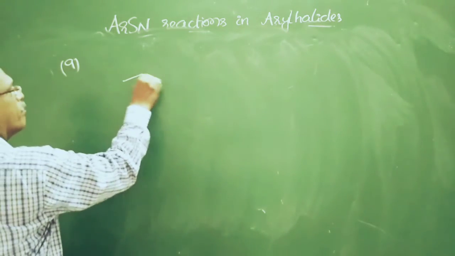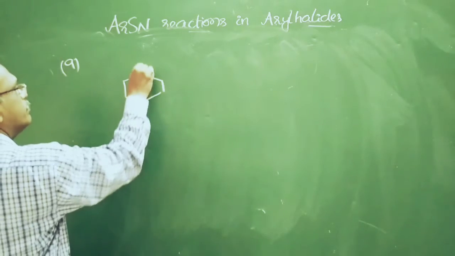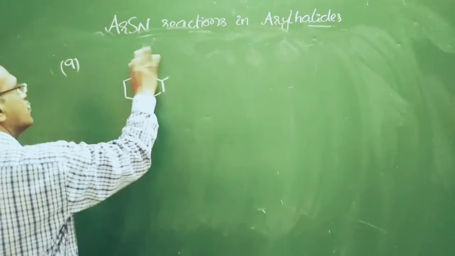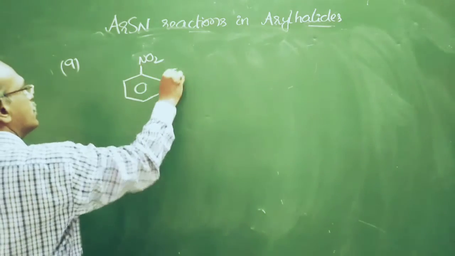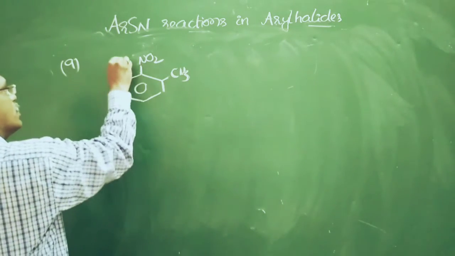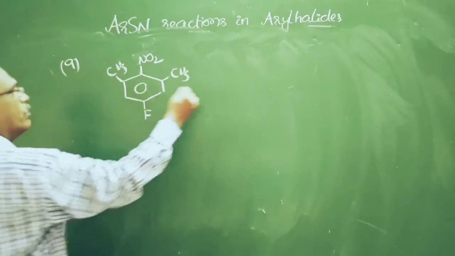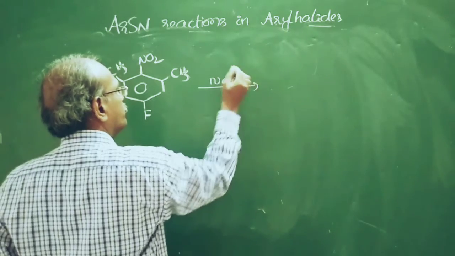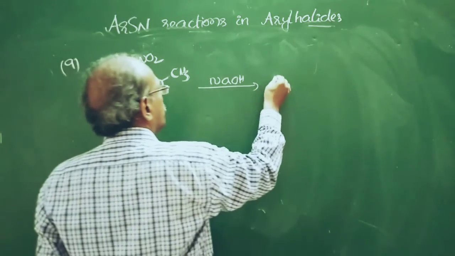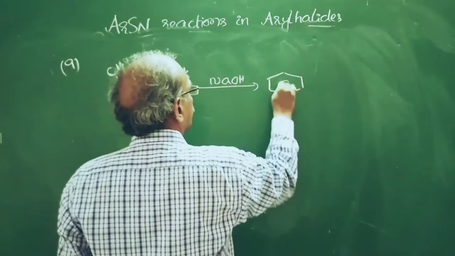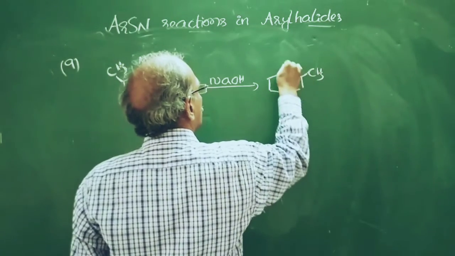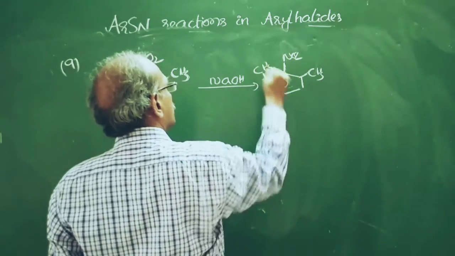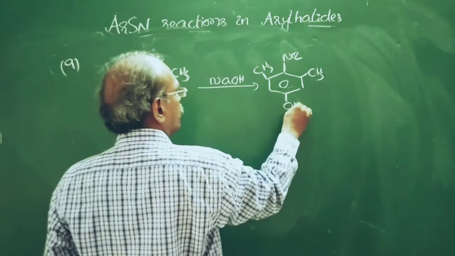See, this time they have given F. So, okay, let's take NO2, CH3, F, and say NaOH. The product is very clear: CH3, this is NO2, CH3, here this F is replaced by OH.